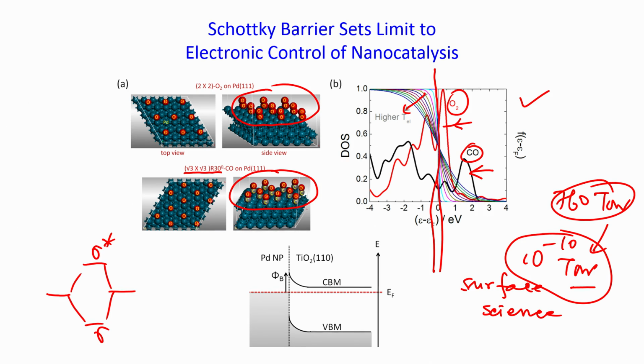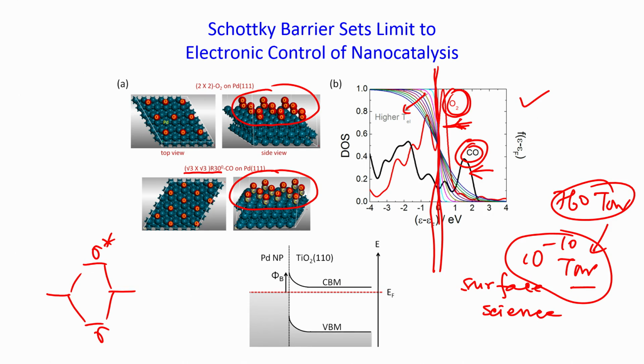It will slowly increase the bond distance, and it will try to break the metal adsorbate bond, and that is nothing but desorption. So if I have an antibonding state very low lying close to the Fermi level, I can very easily access that antibonding state and I can desorb oxygen very quickly. But for CO, it's difficult to desorb because the CO antibonding state is above 1 eV from the Fermi level.